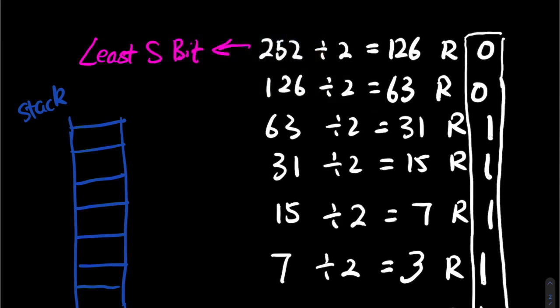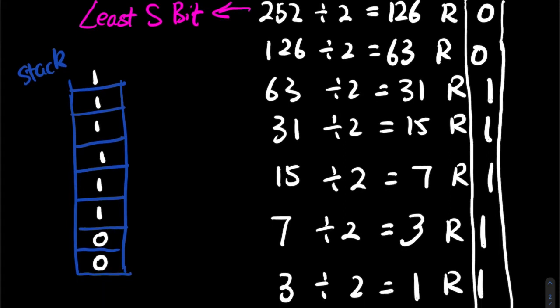Every time I divide this integer by 2, I got a remainder and I push that to the stack. And just keep doing this. This is the binary number on our stack. So when we want to get this number, we just need to pop this out, right?